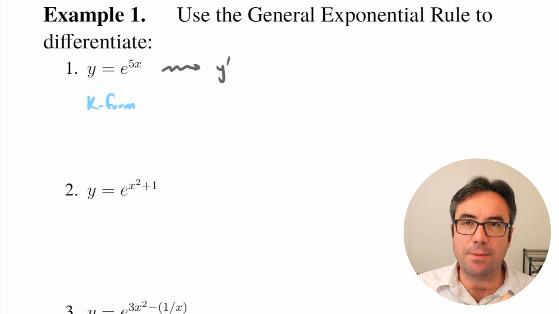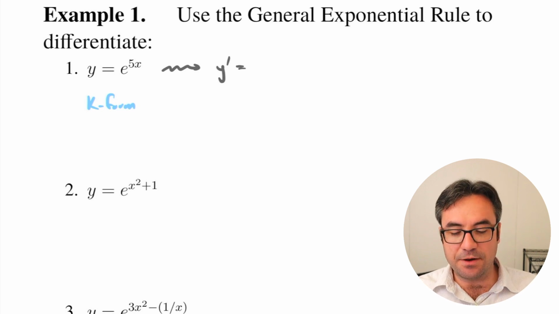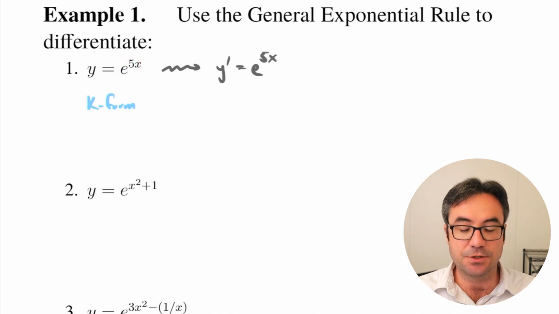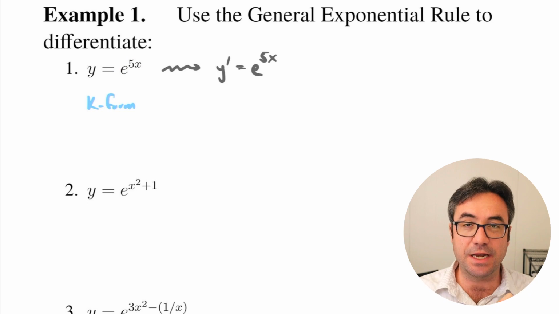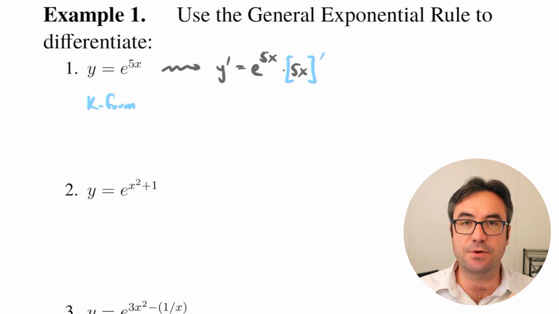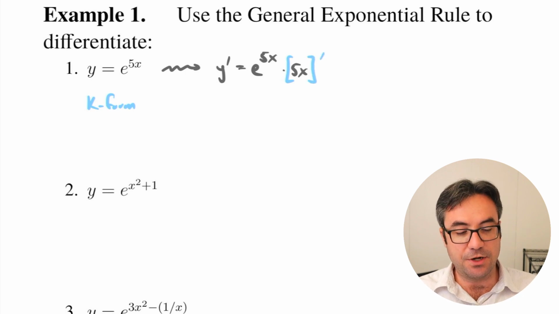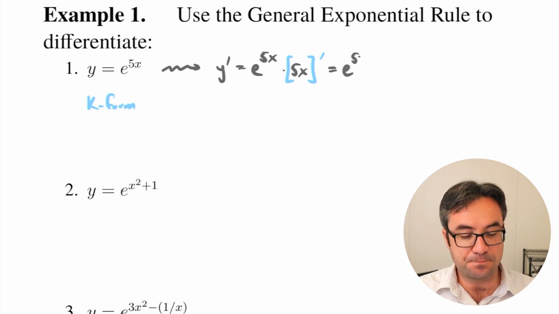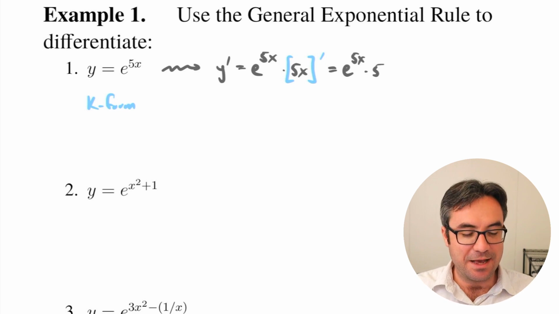So we're going to calculate y prime. And when we differentiate an exponential function, the exponential function basically stays the same. So we're going to have e to the 5x in our answer. And then we're going to take those terms that are in the exponent, the 5x, and multiply by its derivative. So if I finish this up, the derivative of 5x is just 5. And I like putting these other terms in front.